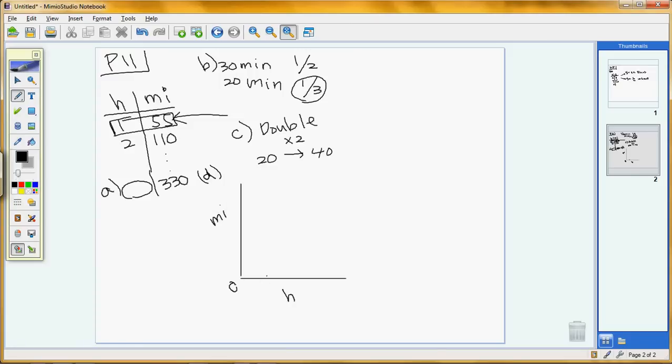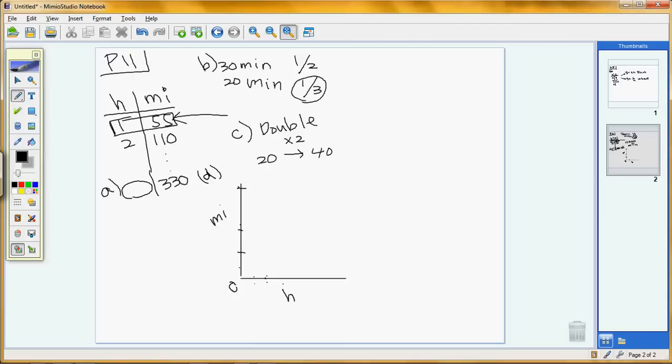You put whatever you want, like 1 hour, 2 hours, 3 hours, and the highest one is 330, so maybe we should go to 400. So 200 is half of 400, and half of that is 100. And then graph the points.